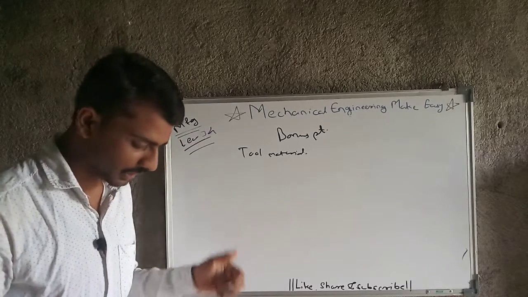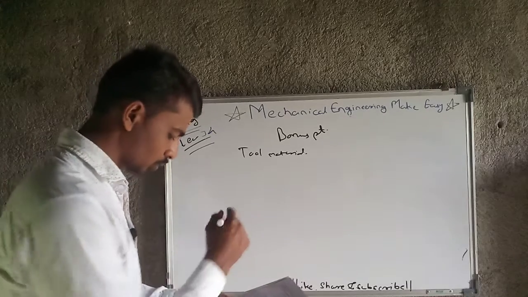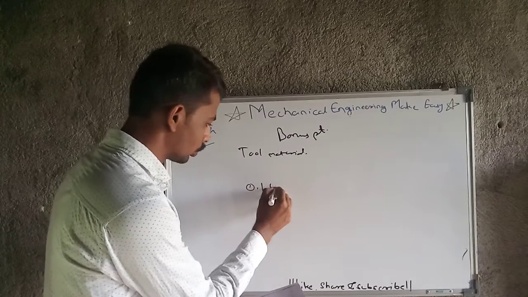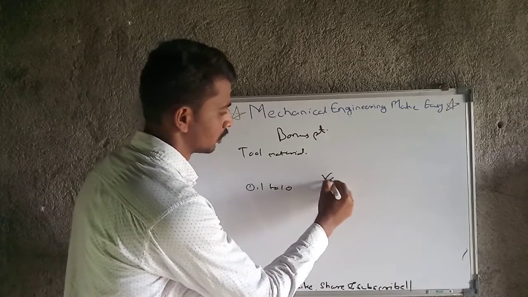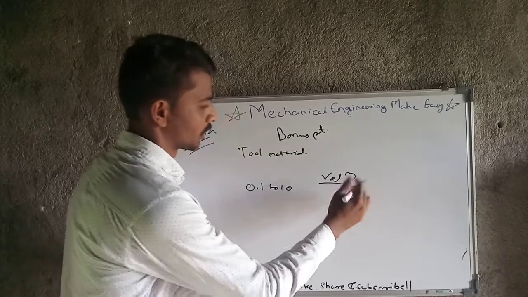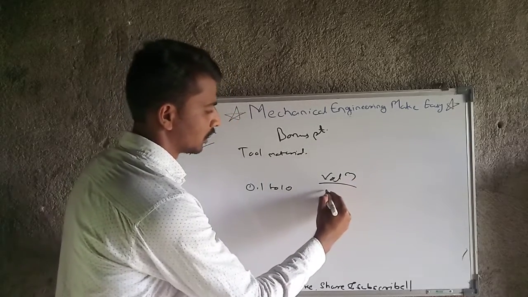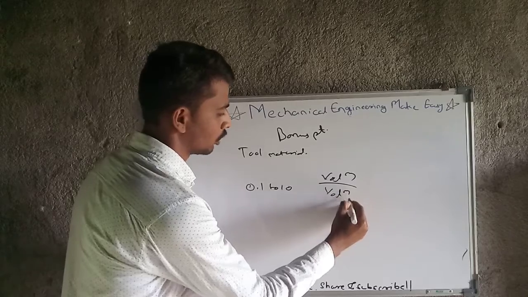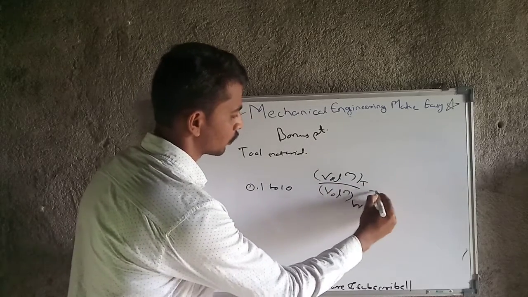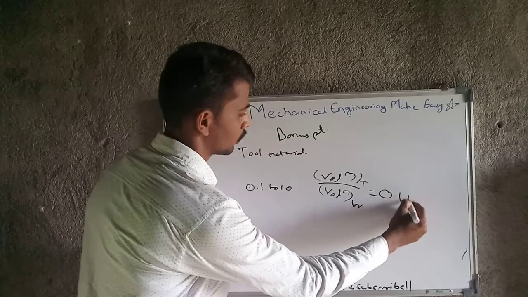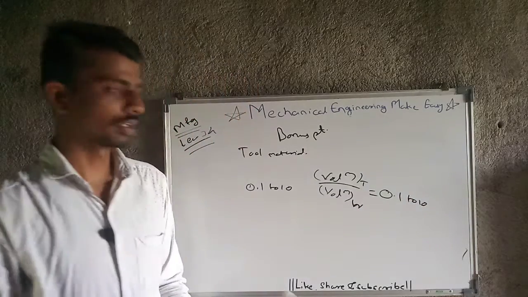Then next is wear ratio. The wear ratio of the tool is 0.1 to 10, meaning volume of tool wear upon volume of workpiece wear will be 0.1 to 10.